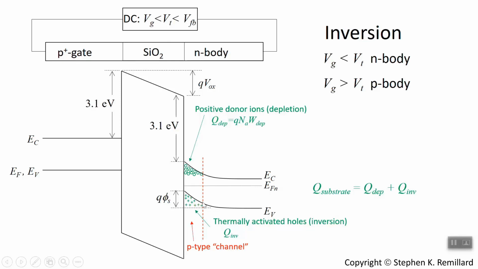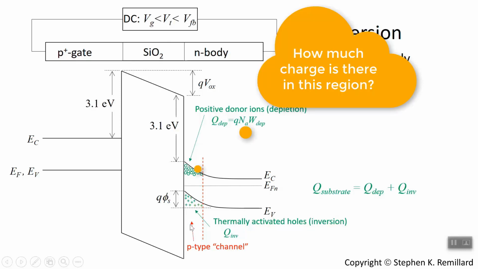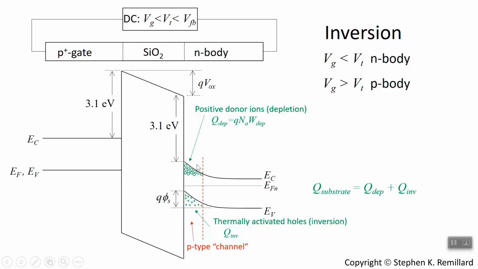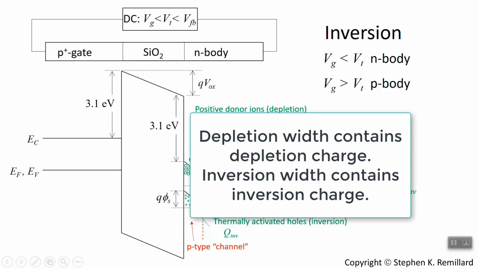And it's P-type because the valence band got bent up close to the Fermi energy. And so now if I ask myself, how much charge is there in this area? There are two sources, and by the way, they're not the same size either. The size of the depletion charge is the depletion width, and the size of the inversion charge is the inversion width, which is not going to be the same.